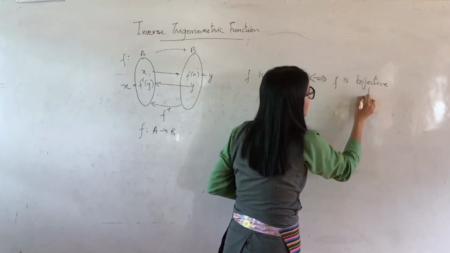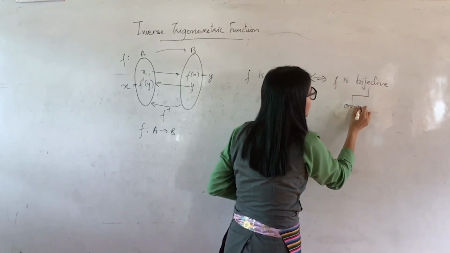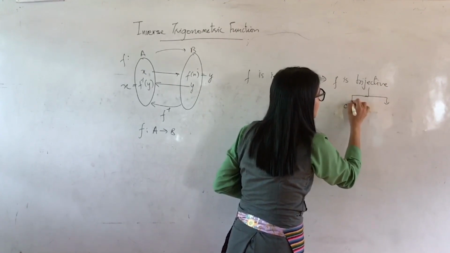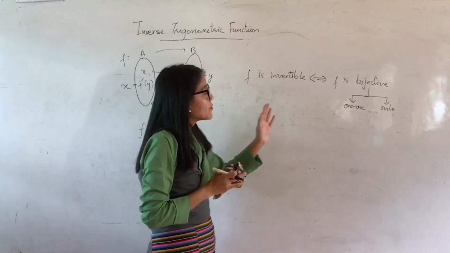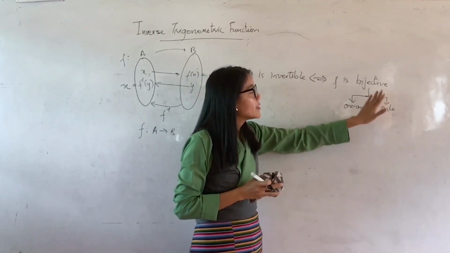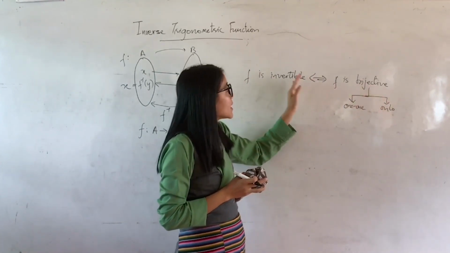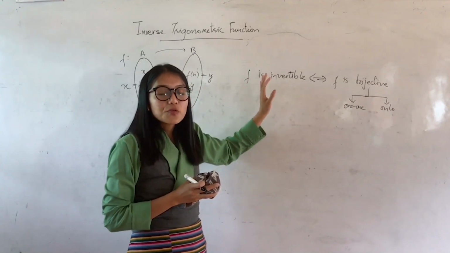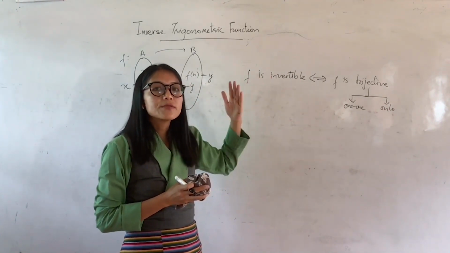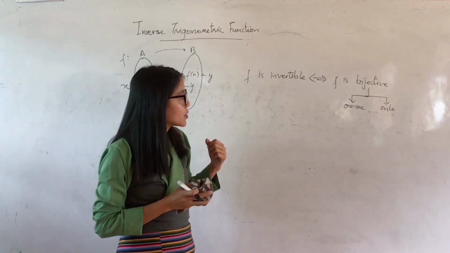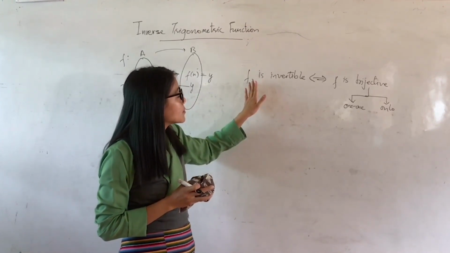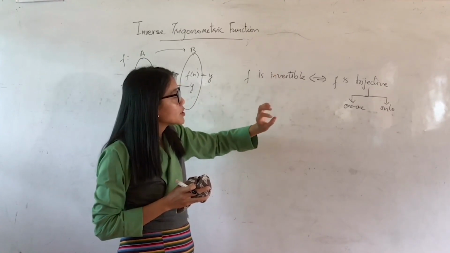Bijective means the function has to be 1-1 and onto. So if a function is 1-1 and onto, then the function is bijective, which implies the function is invertible. When a function is invertible, the inverse of the function exists. Therefore, the function is invertible only when the function is bijective.